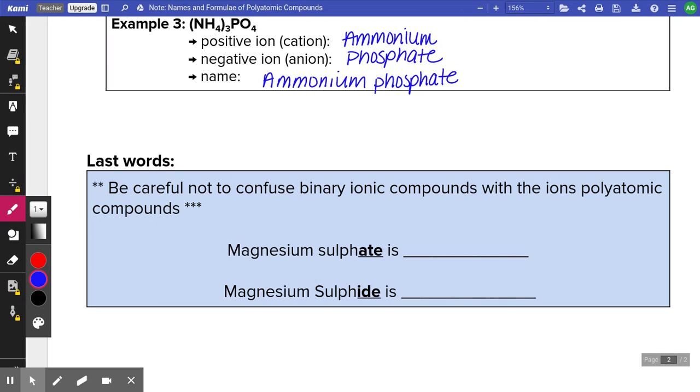So the second option here, magnesium sulfide, is your binary ionic compound, which is going to look like this. This is binary ionic. Whereas magnesium sulfate is a compound with a polyatomic ion in it, and it has this as its chemical formula.